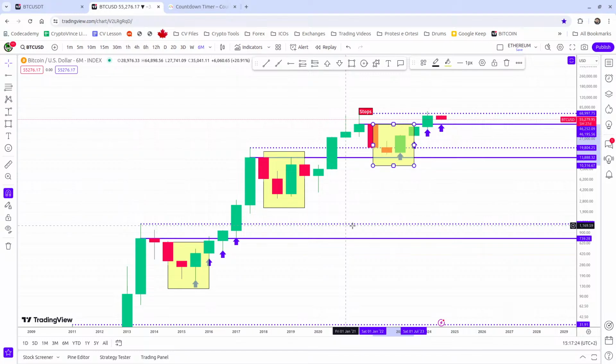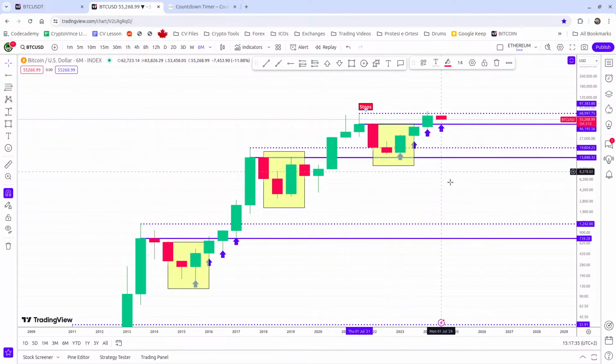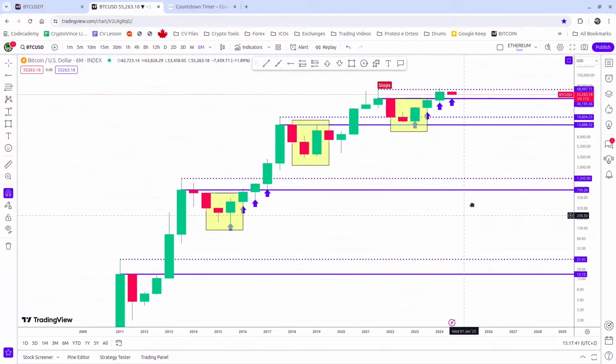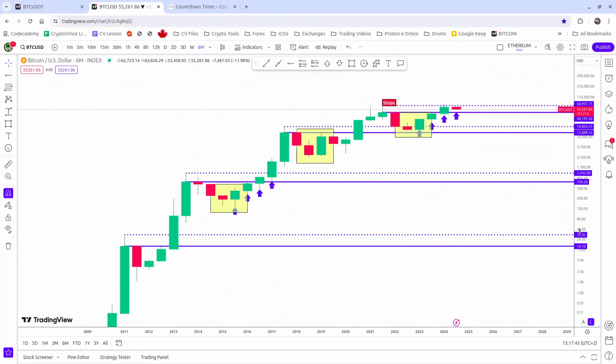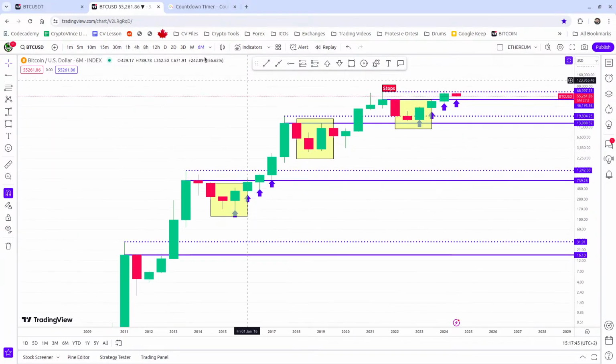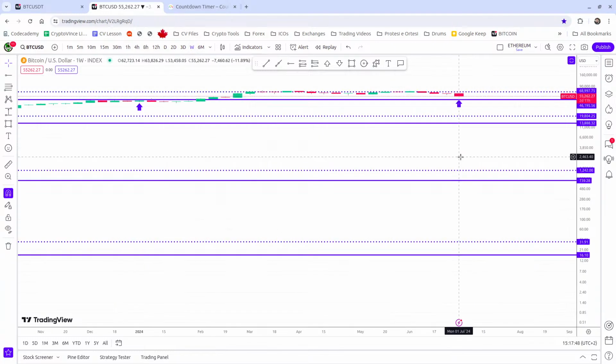What else on the 6 month chart? I mean, I think that's enough. Let's switch to weekly.